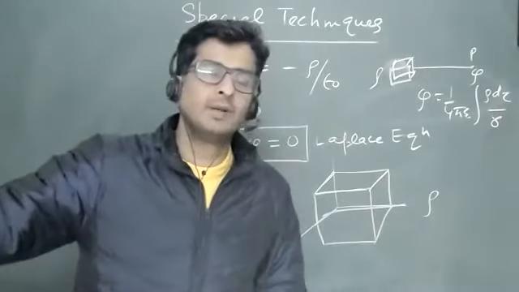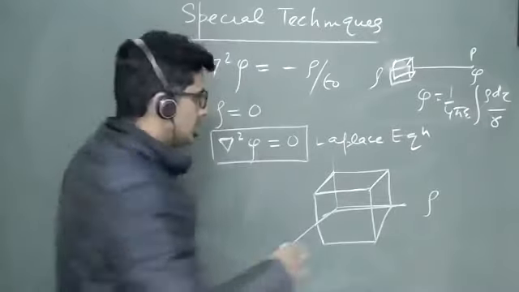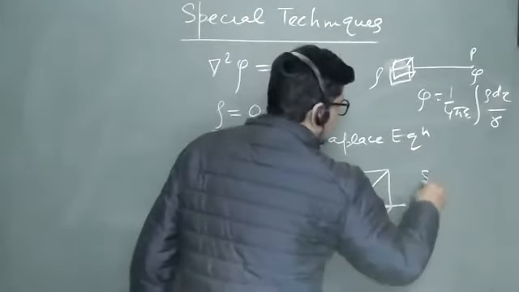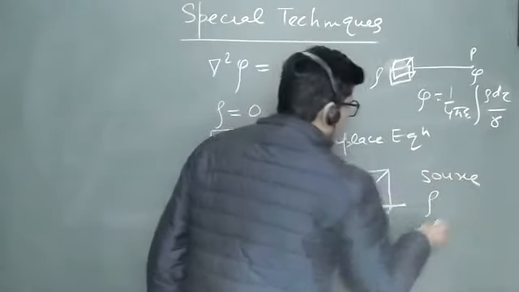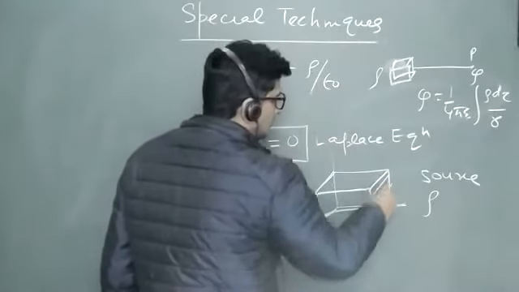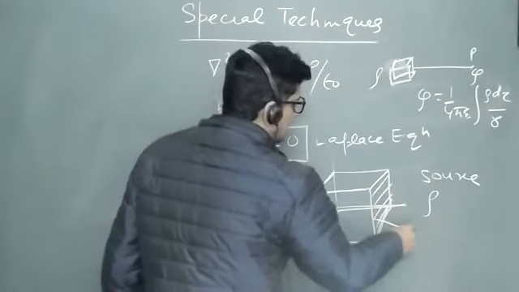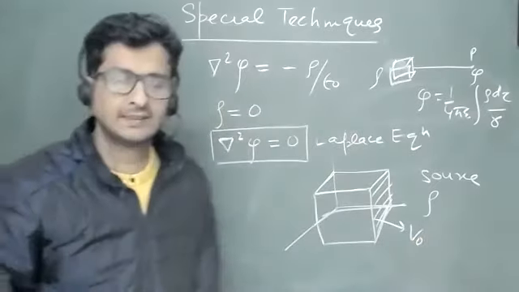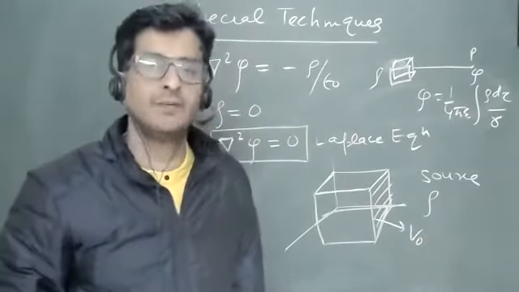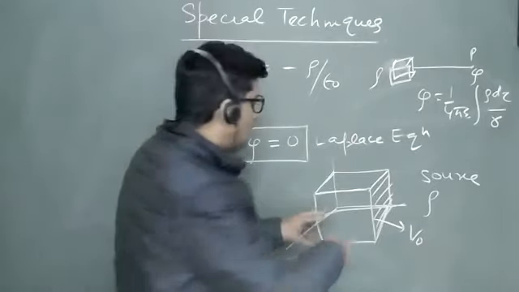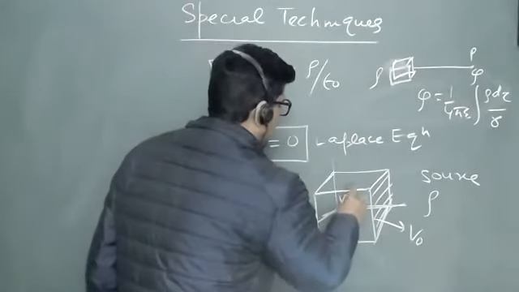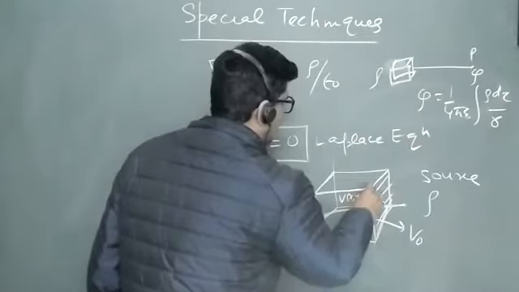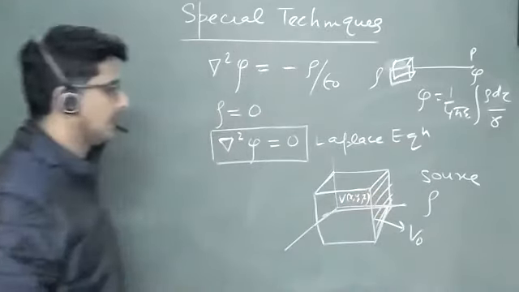But suppose कोई भी outside source है, this is source, and because of this source, this whole plate gets some profile of potential V naught, then I want to know what is the potential at any point x, y, z. अगर ये बात समझ लो तभी आगे बढ़ने का मतलब है.